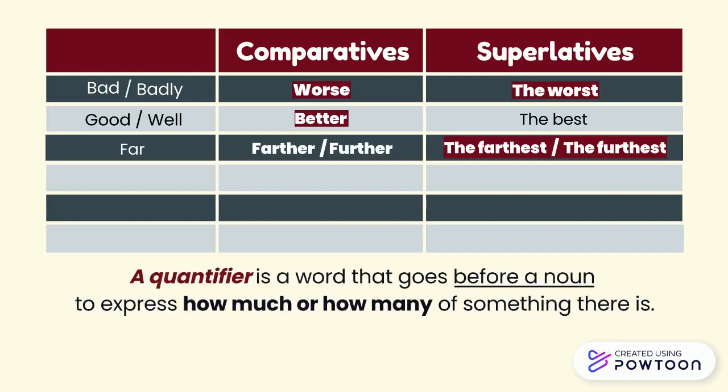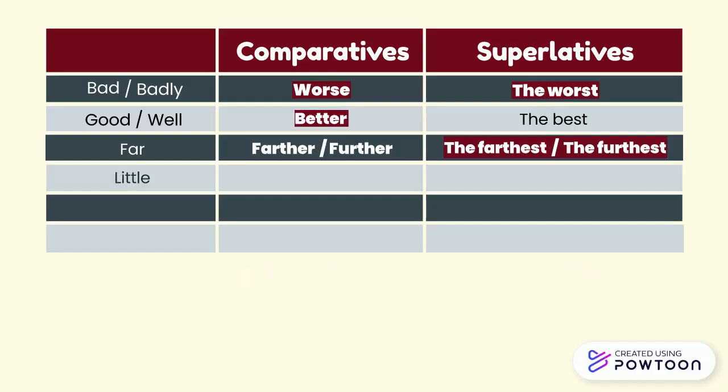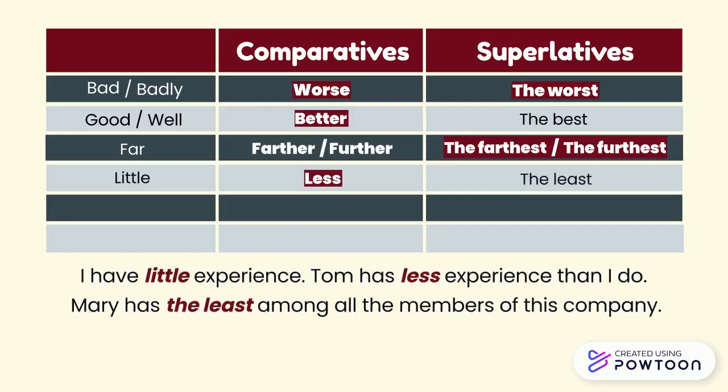A quantifier is a word that goes before a noun to express how much or how many of something there is. For the quantifier little, the comparative is less and the superlative is the least. For instance, I have little experience. Tom has less experience than I do. Mary has the least among all the members of this company.